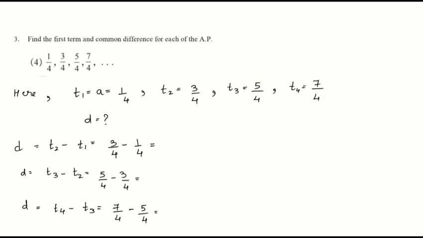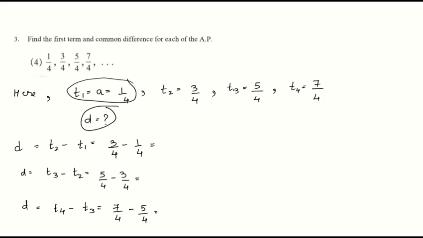Moving on to next question. Here in this AP we have T1 is 1 upon 4, T2 is 3 upon 4, T3 is 5 upon 4, T4 is 7 upon 4 and we need to find the difference. We already have T1 here, we just need to find the common difference.